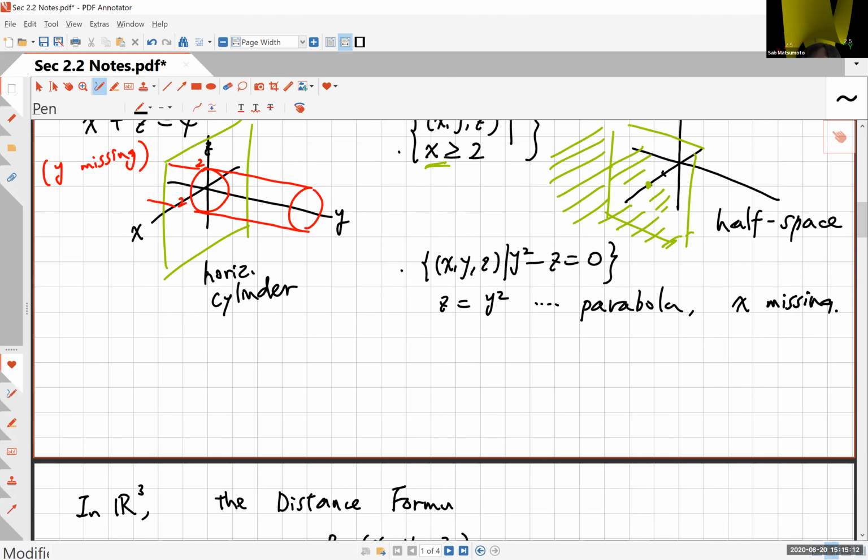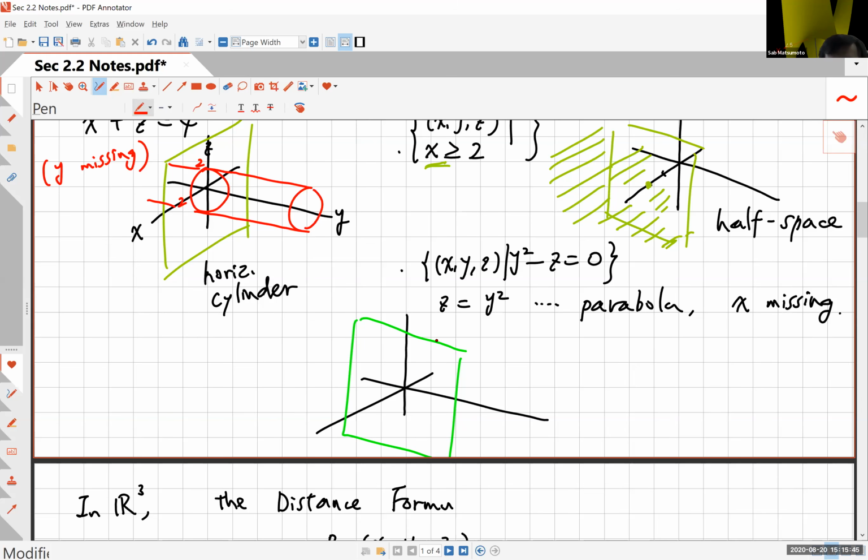And the way to draw a picture when a variable is missing is something you probably should be familiar with. First I'm going to draw this three-dimensional space. Then z is equal to y squared on the canvas where x is equal to 0, which is called the yz plane. If you were to graph this equation on the yz plane, what you will get is this parabola.